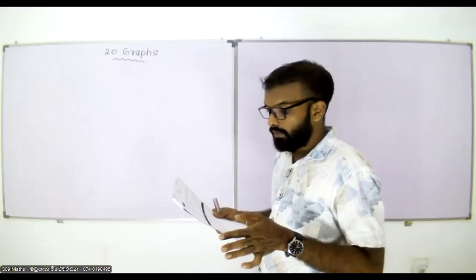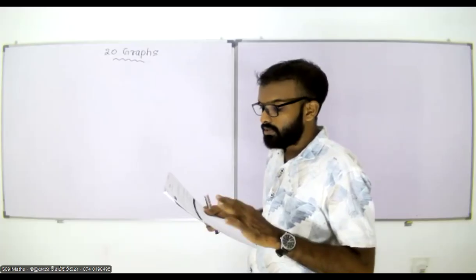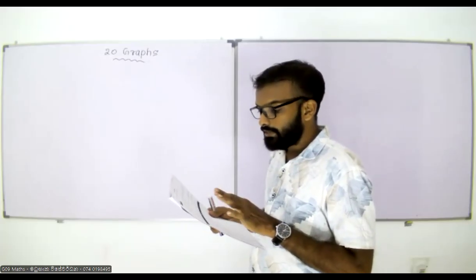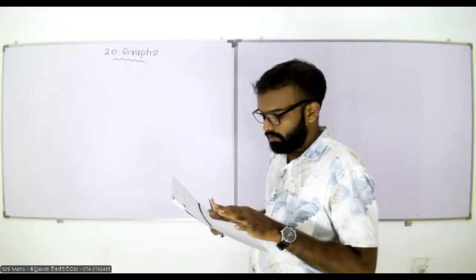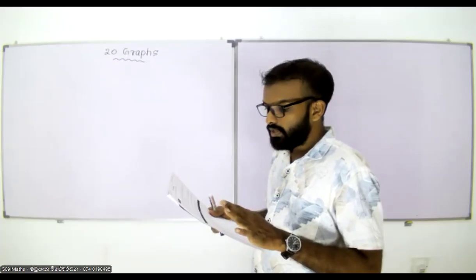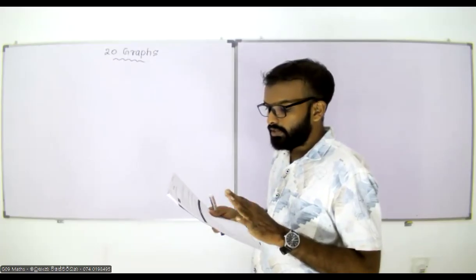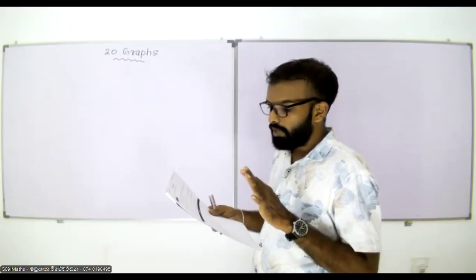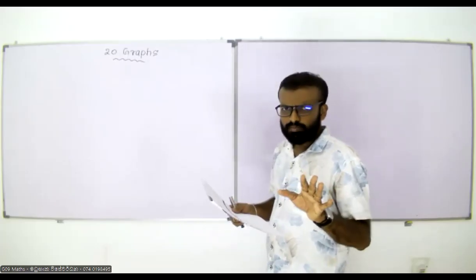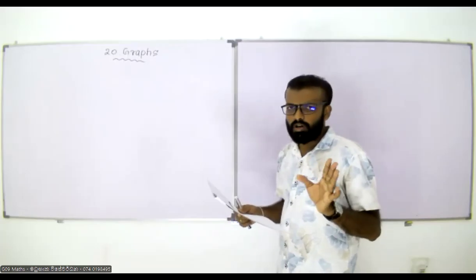Mark the points C and D such that ABCD is a square, and write the coordinates of C and D. Second, write the equation of each side of the plane figure ABCD. A very small thing you have to do.